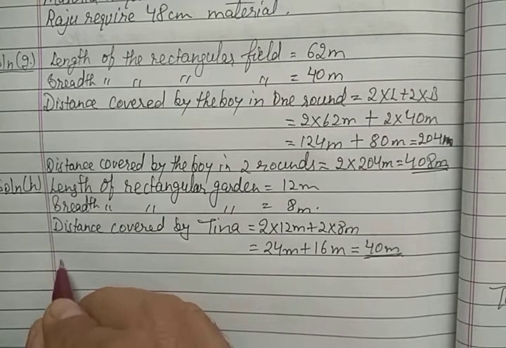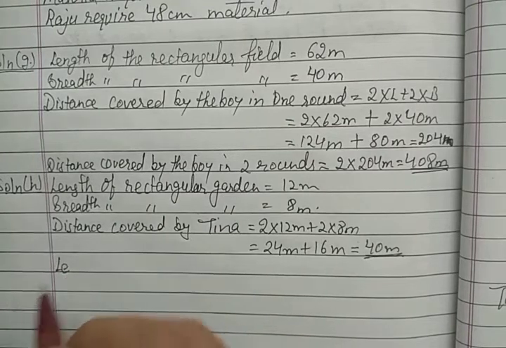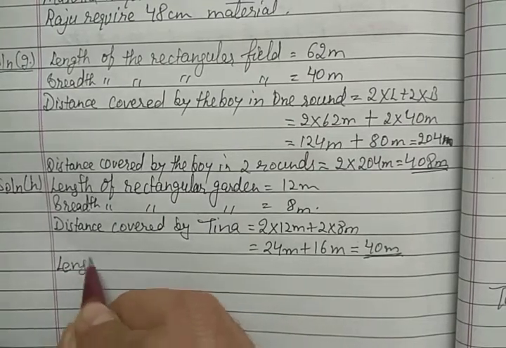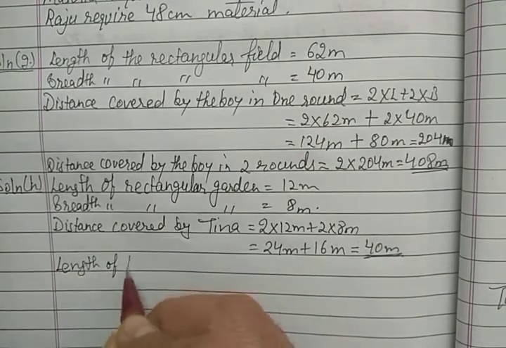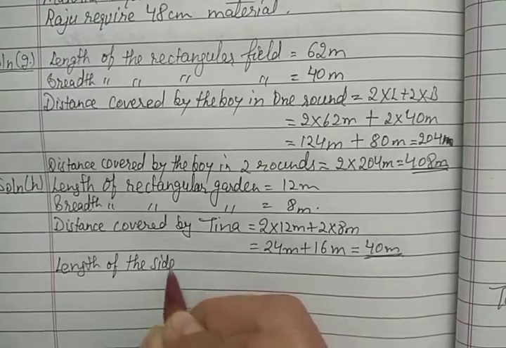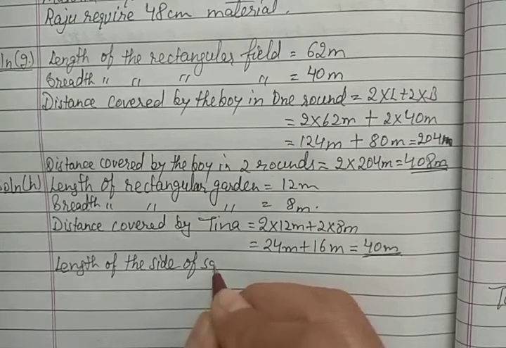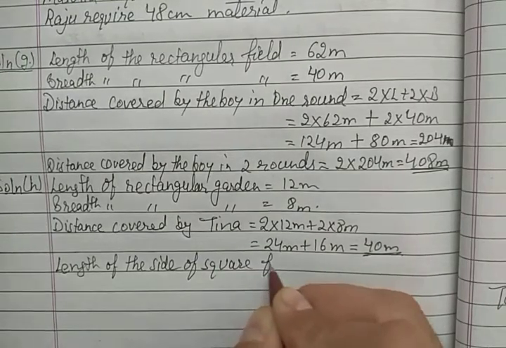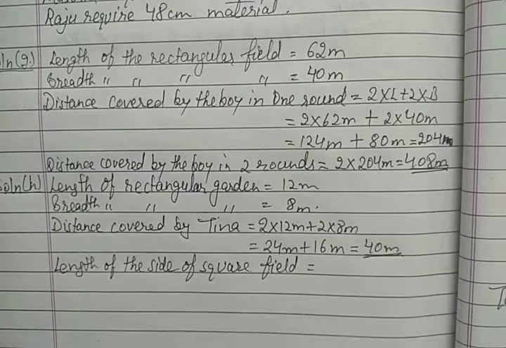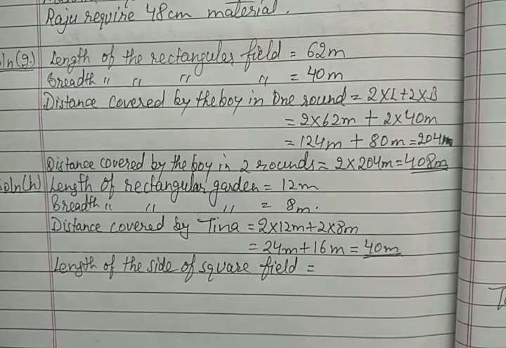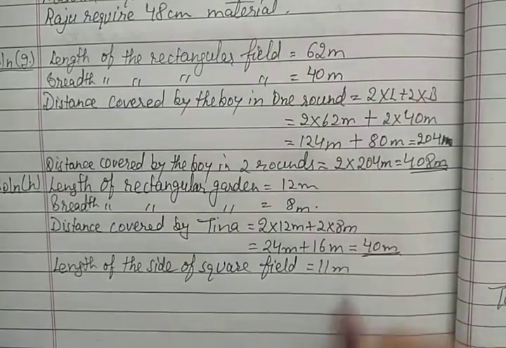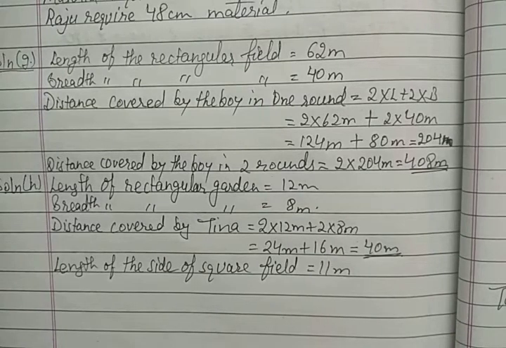Now we will find out the distance covered by Meena. Now the length of the side of the square field, that is 11 meters.